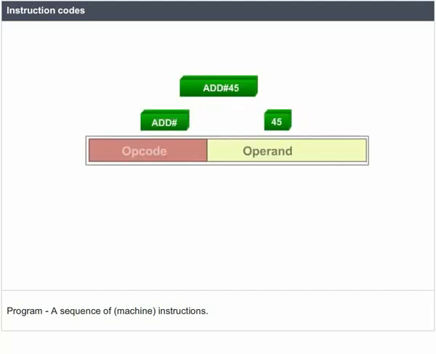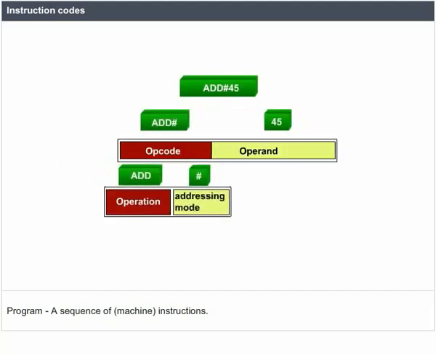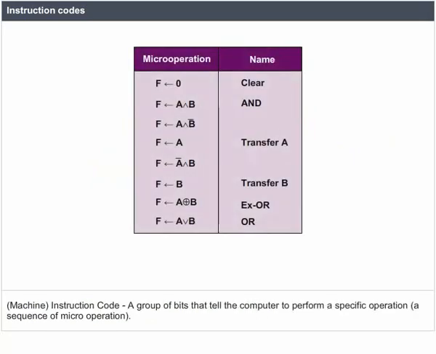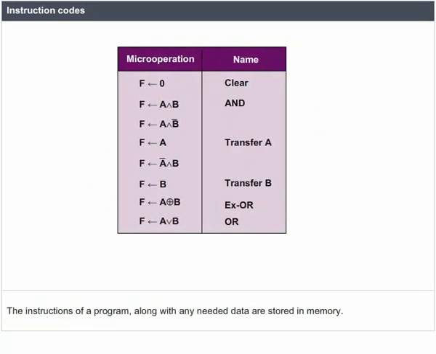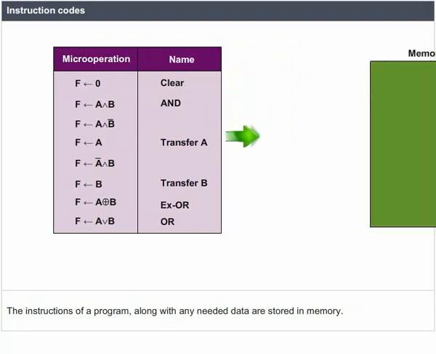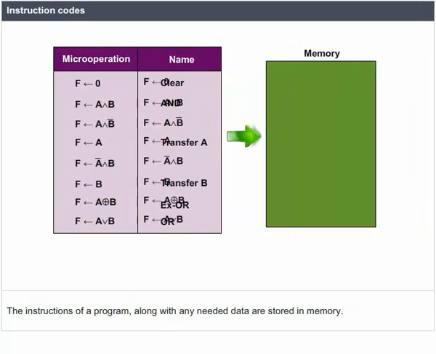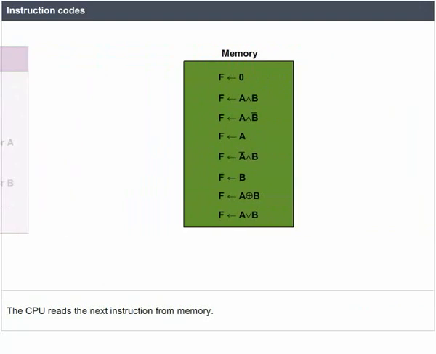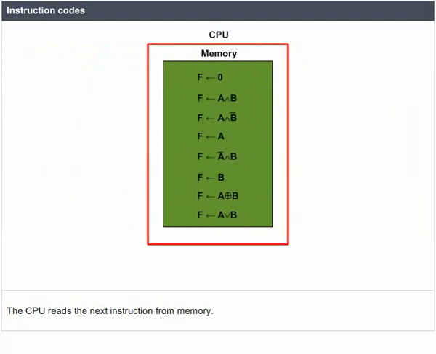Instruction codes. A program is a sequence of machine instructions. A machine instruction code is a group of bits that tell the computer to perform a specific operation, a sequence of micro-operations. The instructions of a program, along with any needed data, are stored in memory. The CPU reads the next instruction from memory.